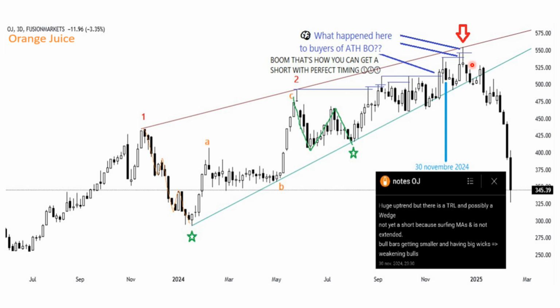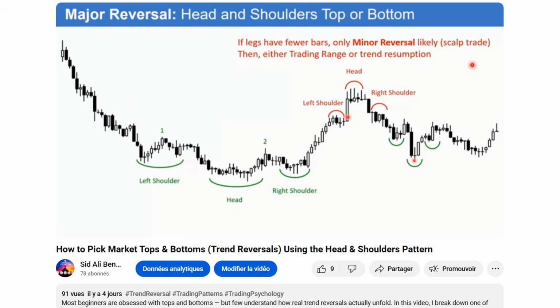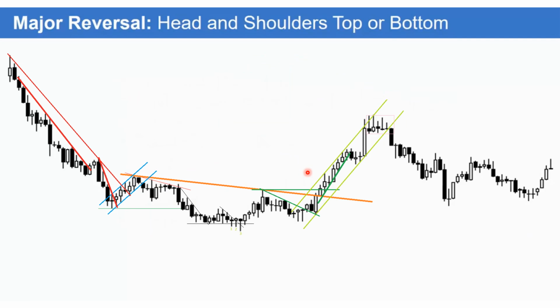Now, let's get back to this chart that we dissected in the last video. We are going to look at this exact same chart and see what you are missing, what you are not able to read yet on a chart like this.